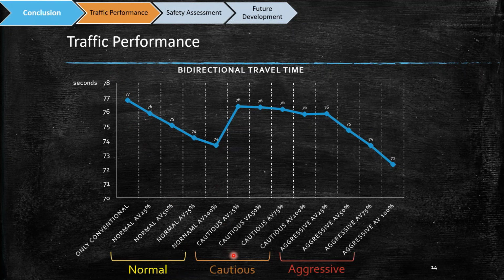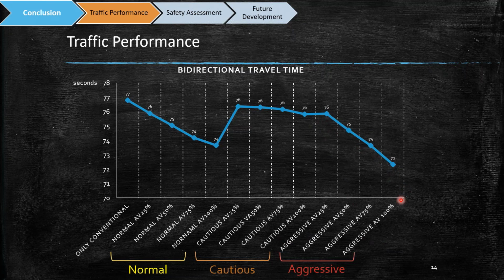And for the cautious, by increasing the penetration of this type of autonomous vehicle in the system, it's a similar condition where we have some reduction. It's acceptable, but there's not much because of the higher gap that they have between them. And the best travel time results came from the aggressive autonomous vehicle.